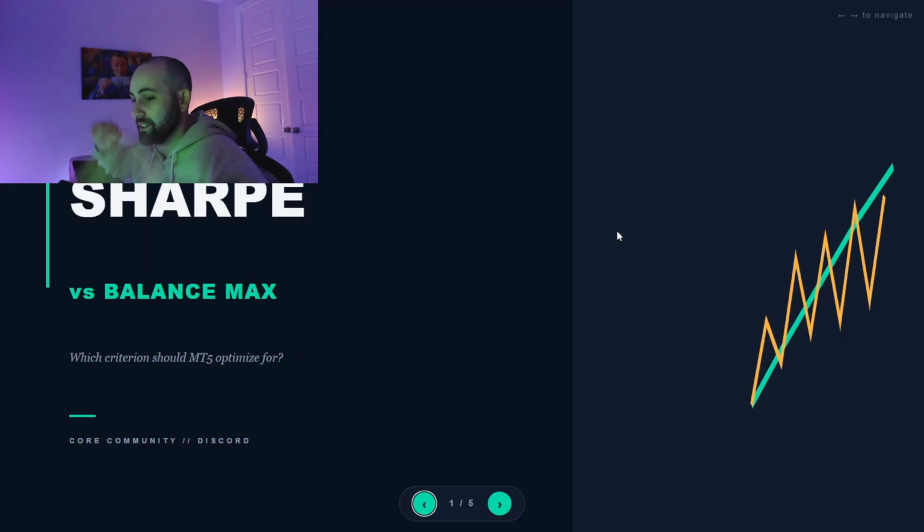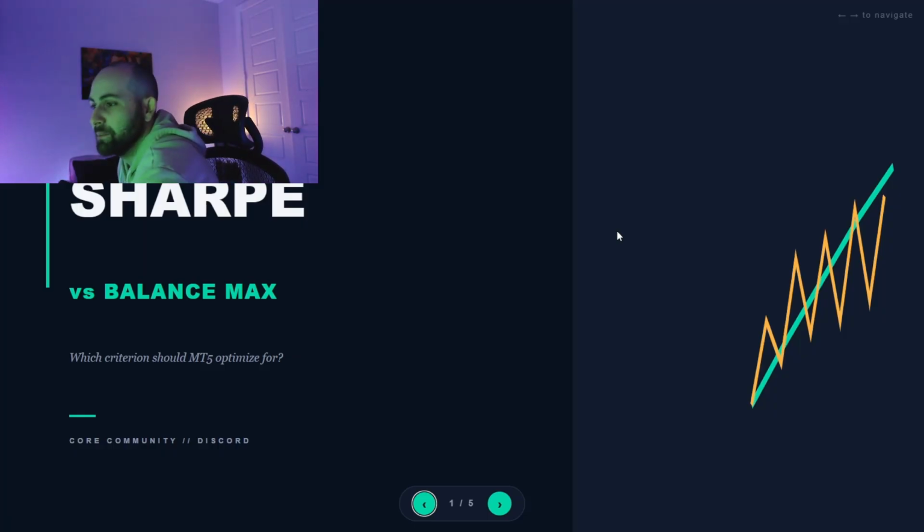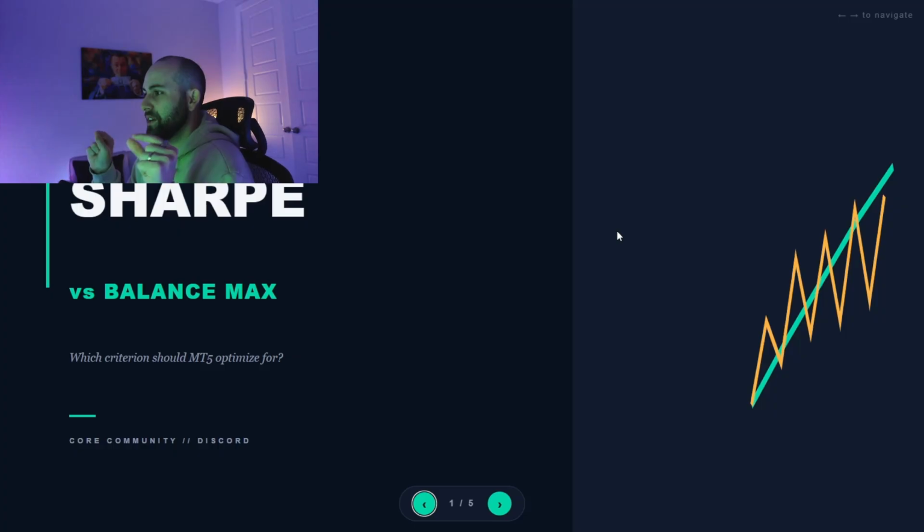Every time we have an update, we always try to make it more consistent. You've got the parameters, you've got core labs, you've got core engine, all these things that make it more consistent. But the thing is that we're still testing through MT5, which is fine.